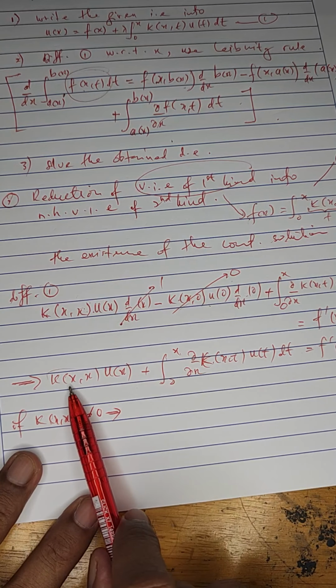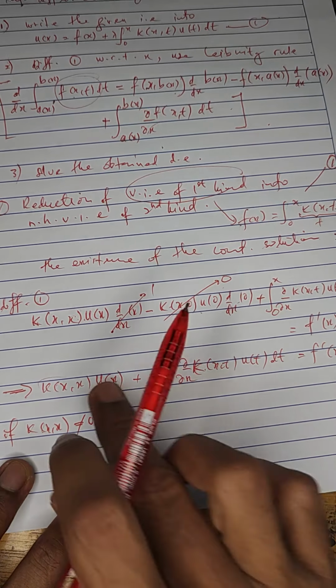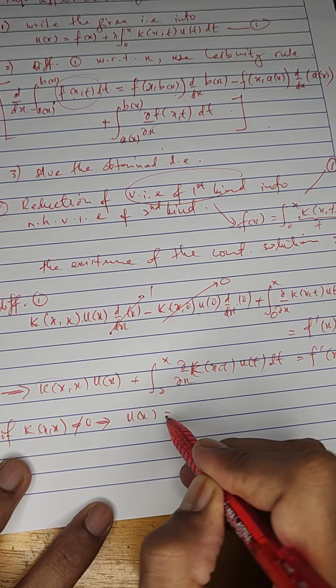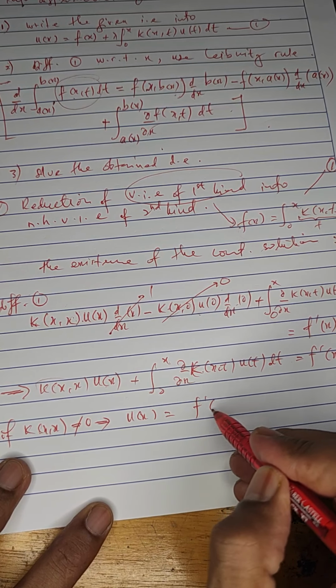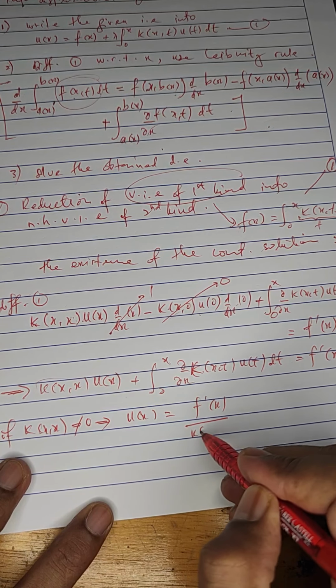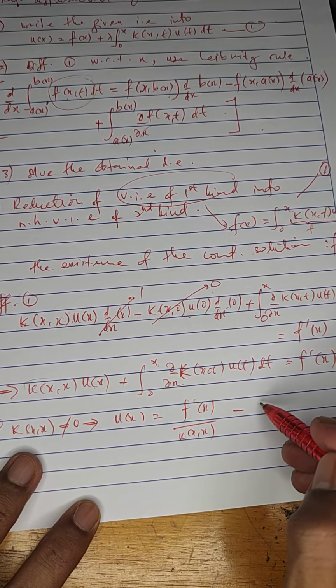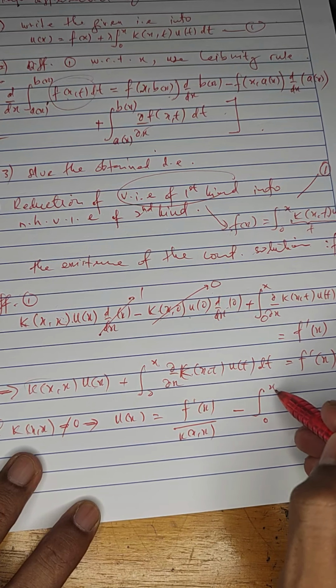So you can just divide by k(x,x). What is left is you can write u(x) equal to f prime x over k(x,x), and bring that to the other side, the integral from 0 to x.